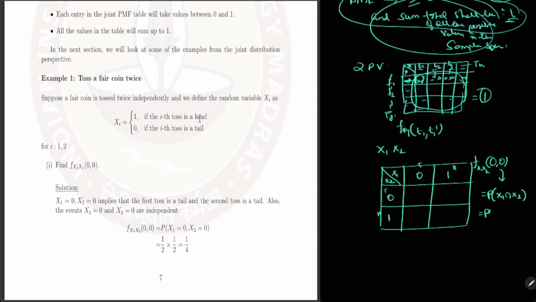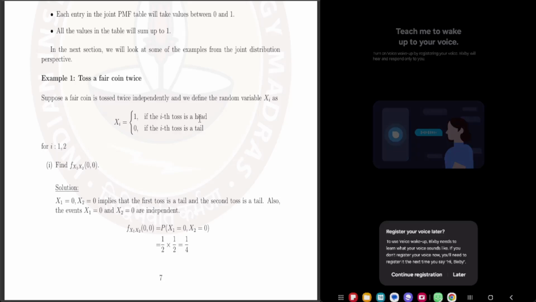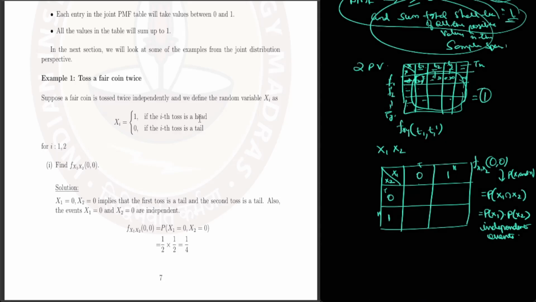Because these are independent events, this is P of X1 times P of X2. The probability of each is half, so half into half is 1 by 4.